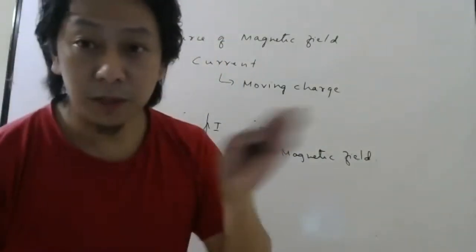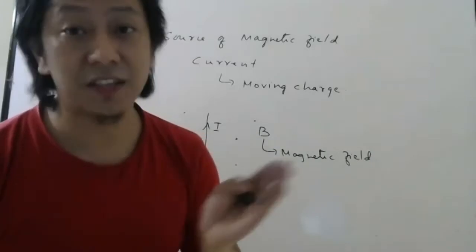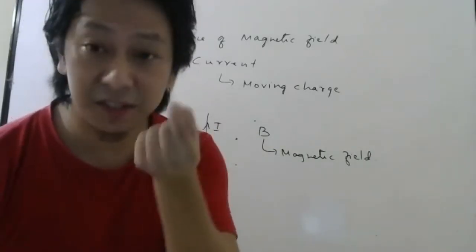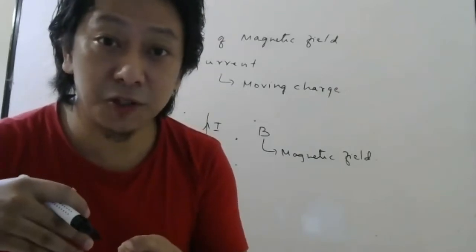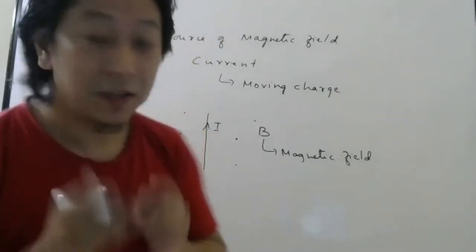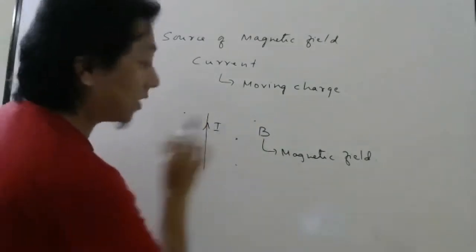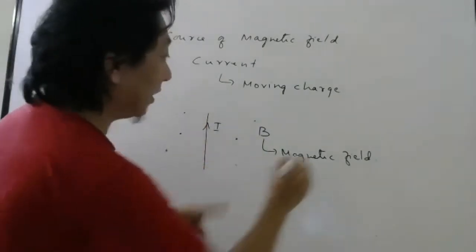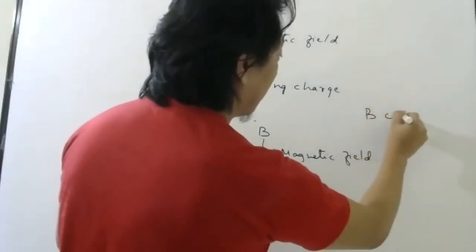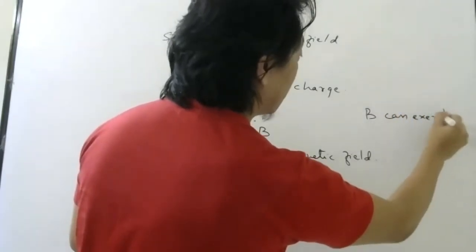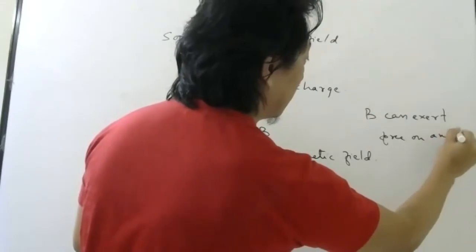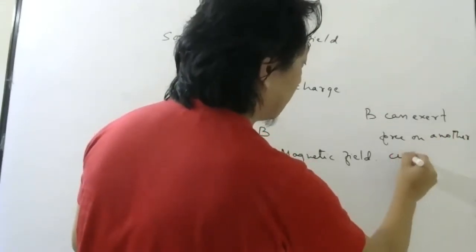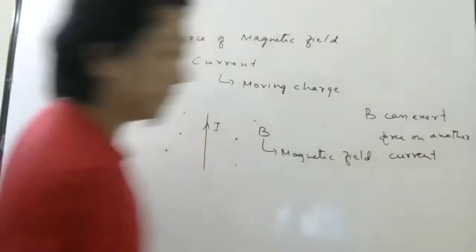Now, before, when we were studying electric charge and all, what did we say? We said charge produces electric field. An electric field can exert force on another charge. So if current produces magnetic field, then magnetic field can exert force on another current, right?